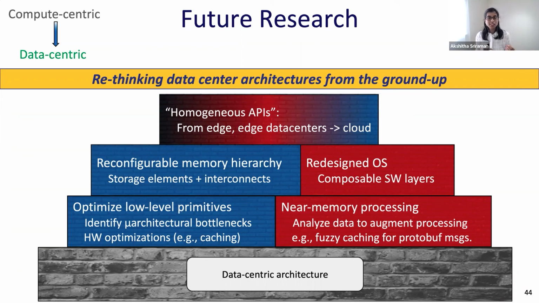So we are interested in seeing to what extent we can even make the fundamental architecture homogeneous all the way from the edge device to the edge data centers and the backend cloud, while still supporting this wide range of underlying microarchitectures, which possibly have different constraints in terms of performance, power, and cost.